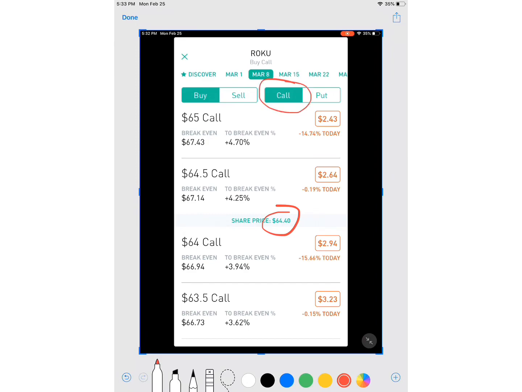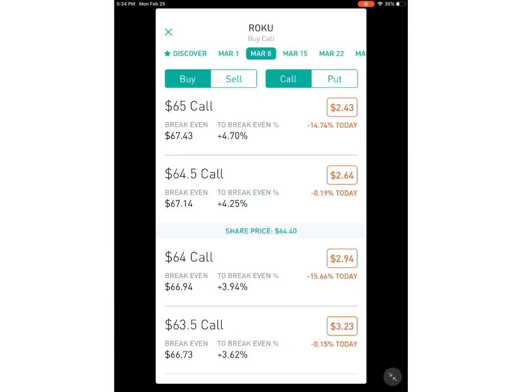So remember, we're buying a call option with an expiration of March 8th, and we're buying Roku. So bam, I'm going to do the 65 call, and I'm going to click that 2.43. That would be our limit. That is what we're able to buy the stock for.